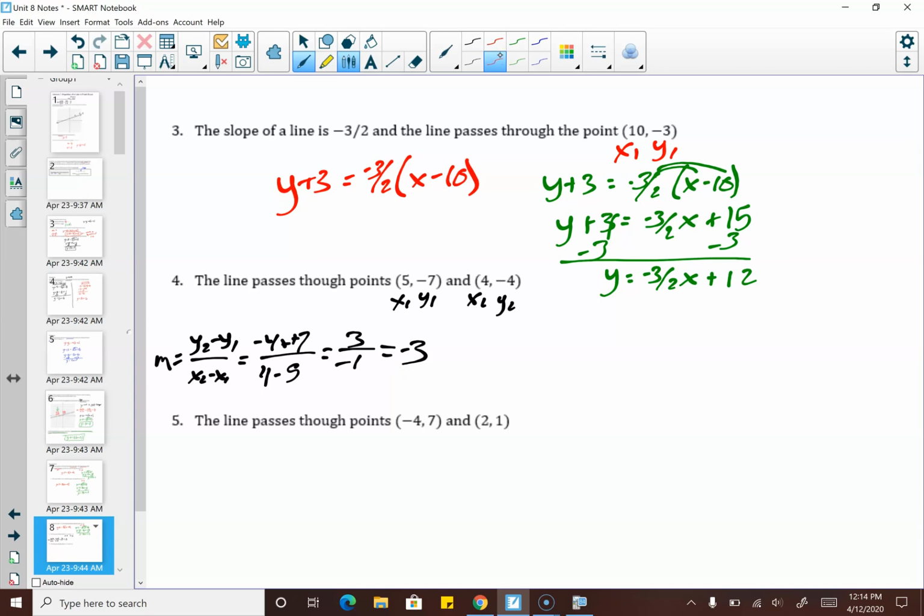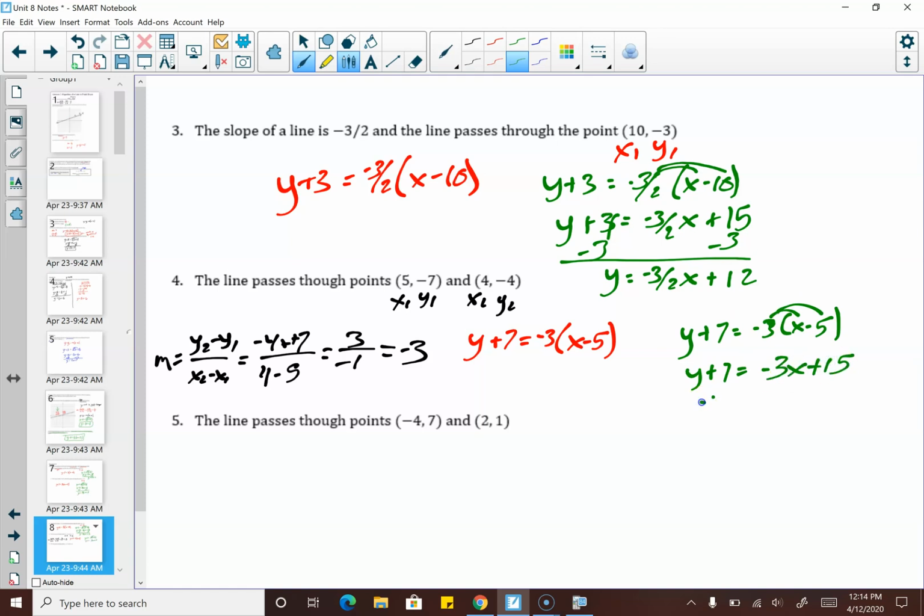Now we can use either one of those points. So I'm going to go y plus 7 equals -3 parentheses x minus 5. So that'll be my point slope equation. If I rewrite that over here, then I can distribute. y plus 7 equals -3x plus 15 minus 7, and I get y equals -3x plus 8.